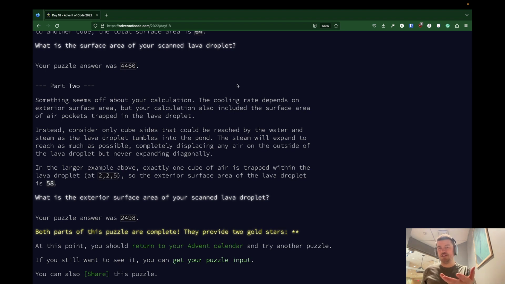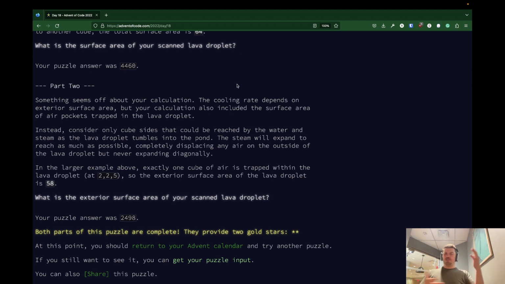I know that in the example there was just a single cube that was air, but I didn't feel comfortable assuming that they would be individual ones. I figured that with the big input, there could be larger areas inside of it that would be air, rather than just individual little points.